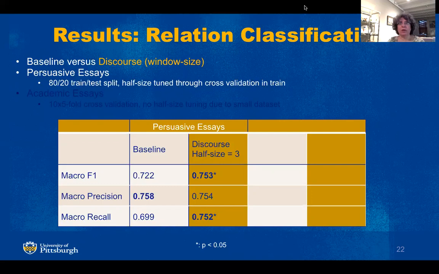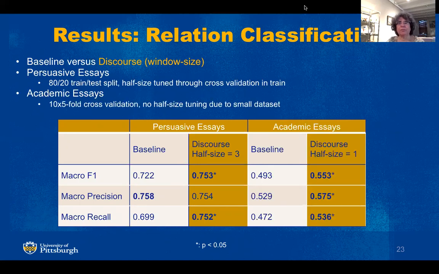And we tune the window size by creating development data from our training data. We use standard evaluation metrics, F1, precision, recall, and because of the class skew, do it at a macro level. And what you can see from our results here is that where there are significant differences between the baseline and the discourse enhanced methods, the discourse methods significantly outperform the baseline methods.